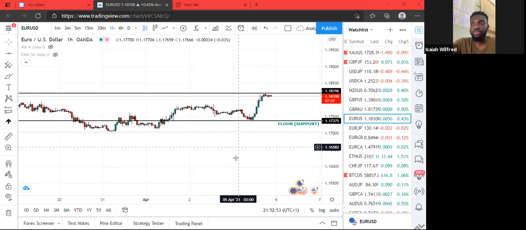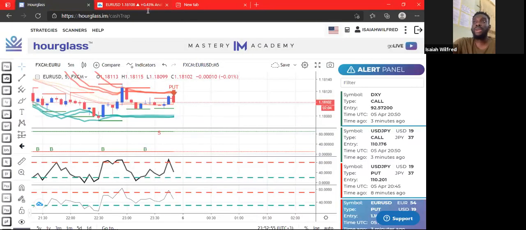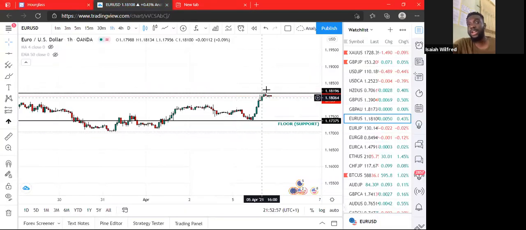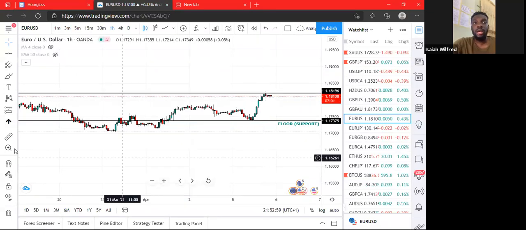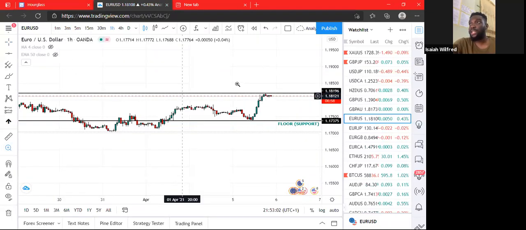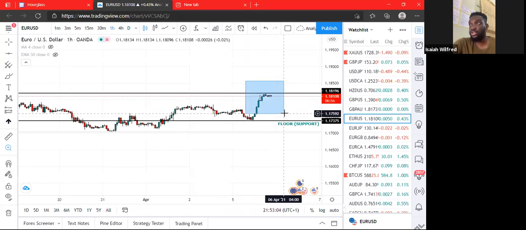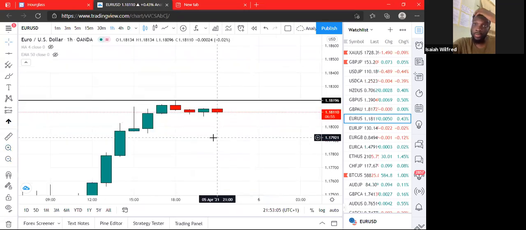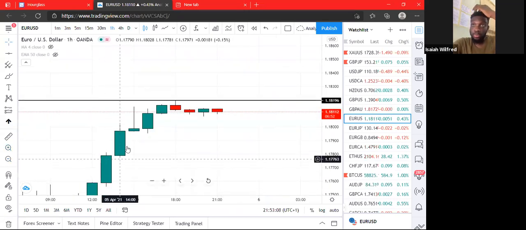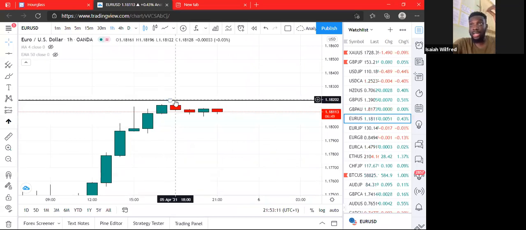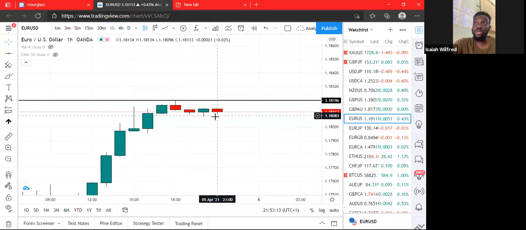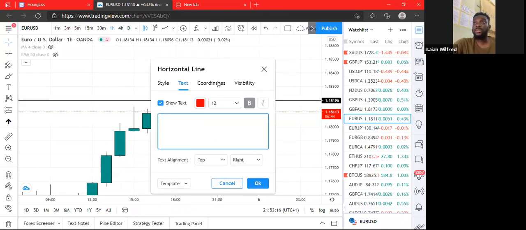So if I was to locate my resistance at this very point, this is where I like to call my resistance, because if I actually zoom in, you're going to see that price bought from this point, got to this line and started dropping, started rejecting. It dropped, it came down. So you can call this one our resistance.